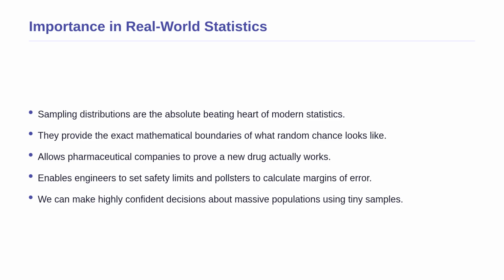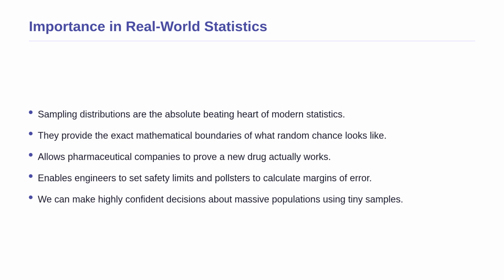Having solved these examples, let us zoom out and understand why this matters so much. The concept of a sampling distribution is the absolute beating heart of all modern statistics and data science. Without it, we would have no way to measure the reliability of our data.